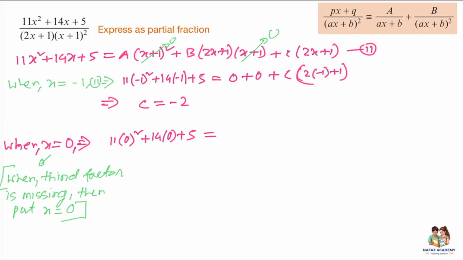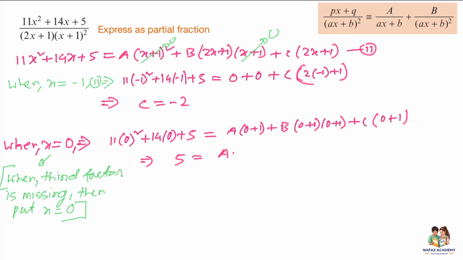And I'm substituting 0. So 11 times 0 square, 14 times 0 plus 5, equal to A, and 0 plus 1.